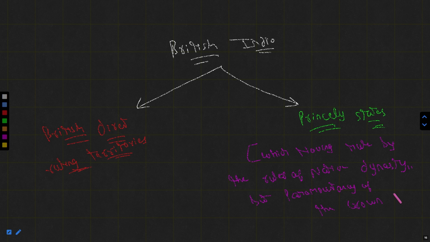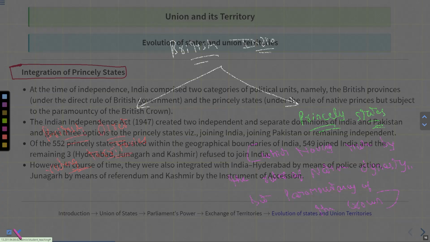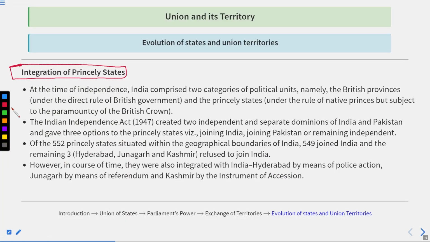It means that these states are basically ruled by a king or queen, but the king or queen was under the paramountcy of the British crown. All right. So basically, the Indian territories at the time of independence were divided into these two areas.